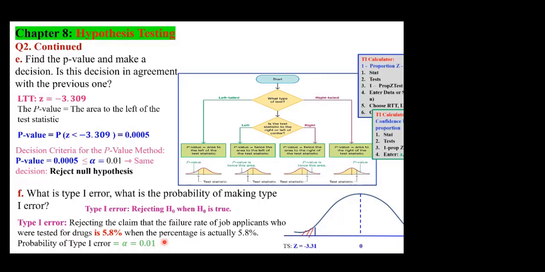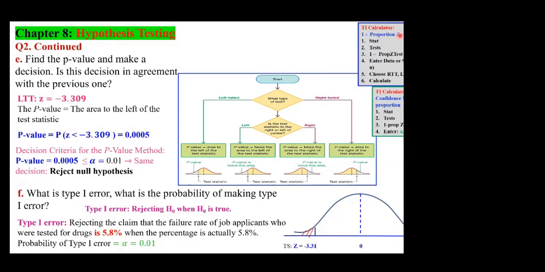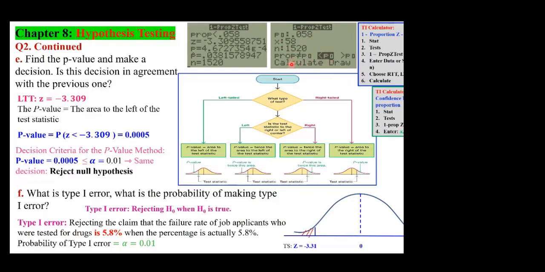If we were to do it with technology, we use the proportion Z test. We put the information in. That means we put the P, X, N, and we choose less than. We do the calculation, and it results in the following. Now notice the test statistic, this value, is almost identical to what we have. Needless to say, they use more decimals. Look at the next one.